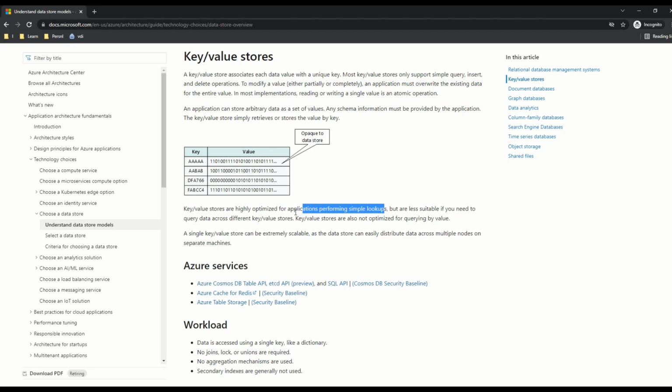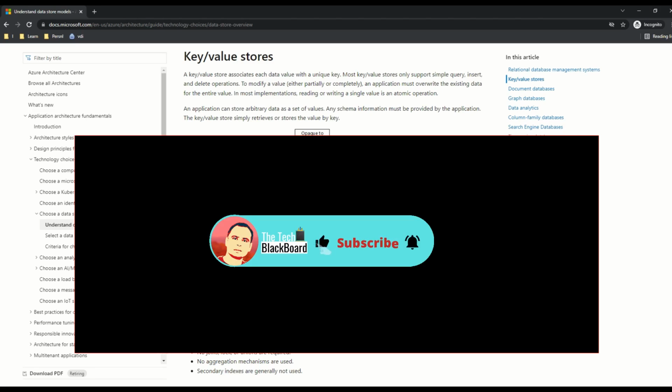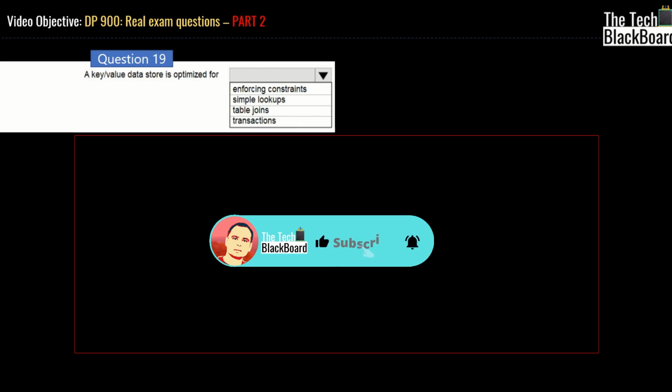So this is support for our answer, and this gives a clear understanding, and you are not confused between different answers that might be available on different websites. So this is a sure short answer that they are optimized for performing simple lookups. Thus our correct answer is simple lookups.